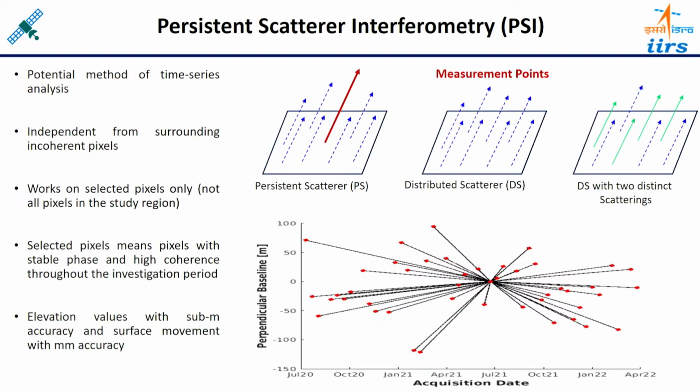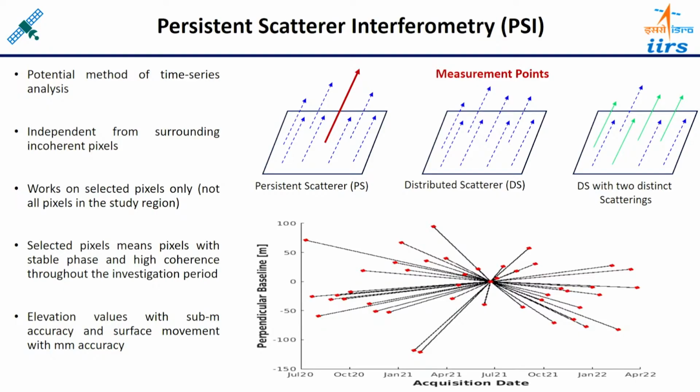So the point is, if you are choosing a study area of this type, or a natural environment, then you will not get any PS point. We were expecting some points, because this technique works on persistent scatterers, but if this type of study area is there, no PS you will get.